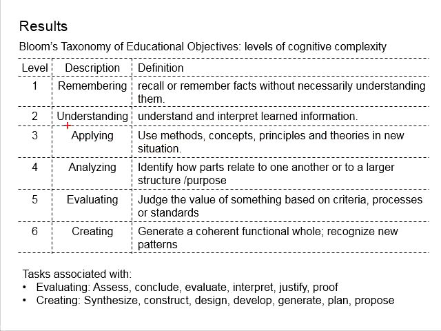And then now you have done the applications. You adopt a certain methodology to carry out your research. You acquire the data, then you will need to analyze it. And this is level 4, which is where you identify how parts relate to each other to a larger structure or purpose.